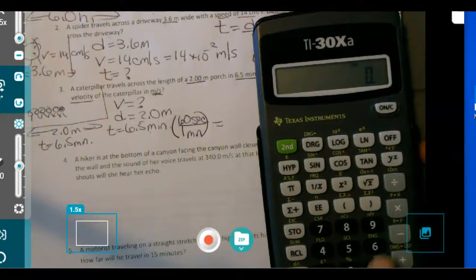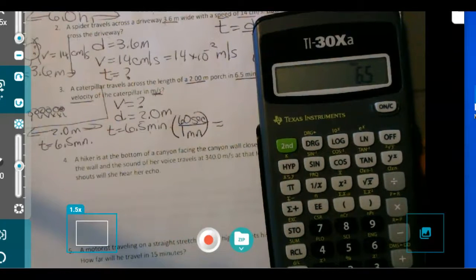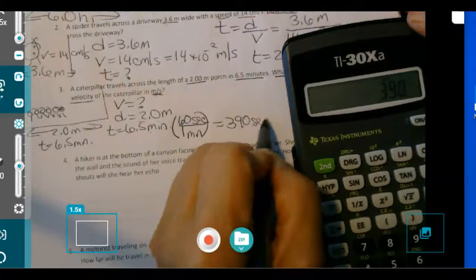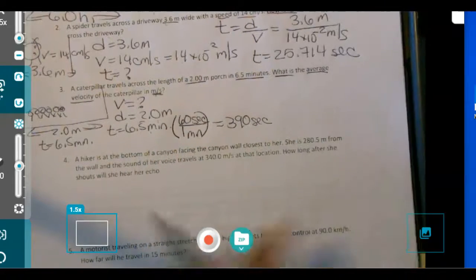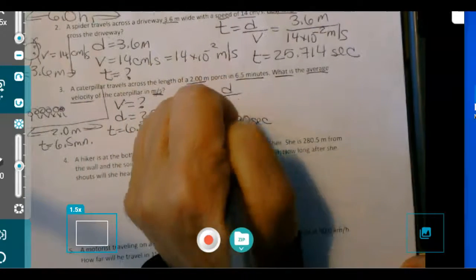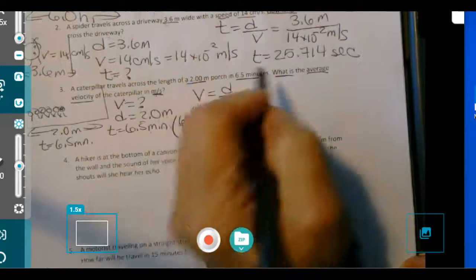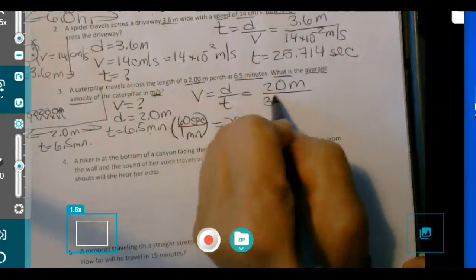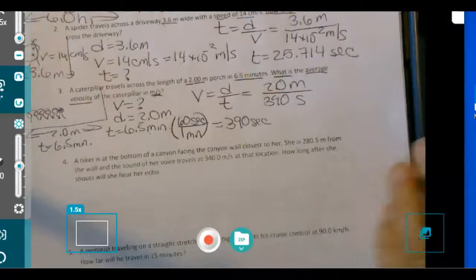Wait, that looks too big. 6.5 times 60. Yeah. 390 seconds. I thought I did something wrong. And now I'm looking for velocity. So velocity is distance over time. My distance is in meters, so I can keep it that way. But now my time is 390 seconds.